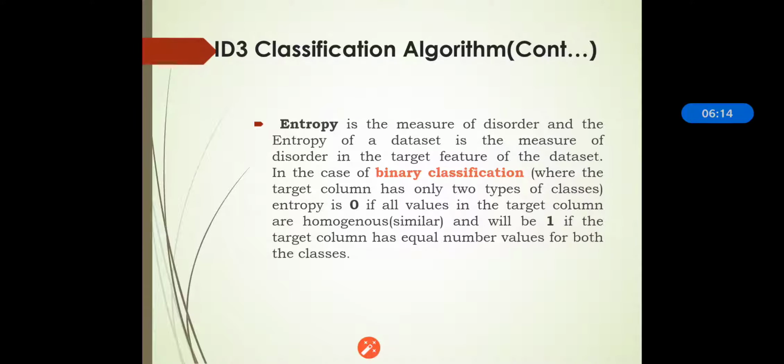Means if the target column values are similar, then the entropy is 0, and it is 1 if the target column has an equal number of values for both classes. Entropy is the measure of uncertainty about the source of messages, and it gives us the degree of disorganization in our data.